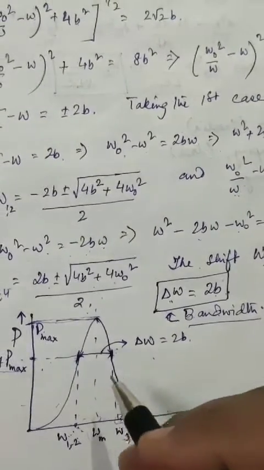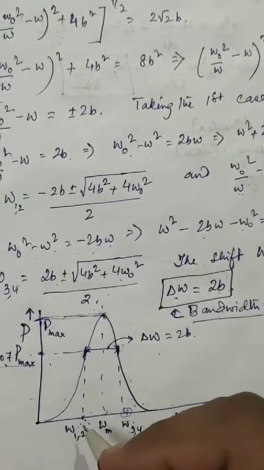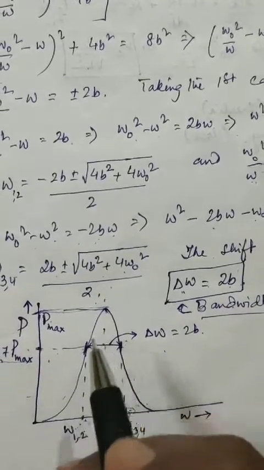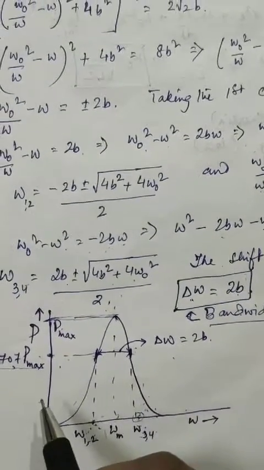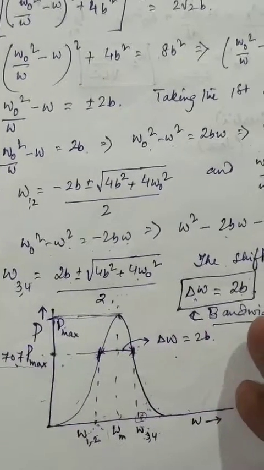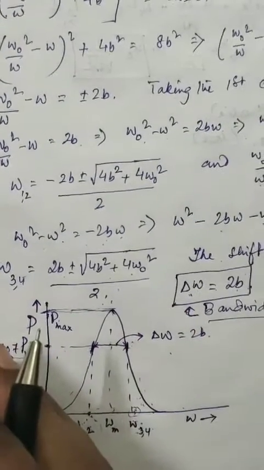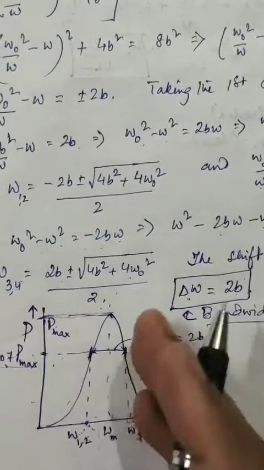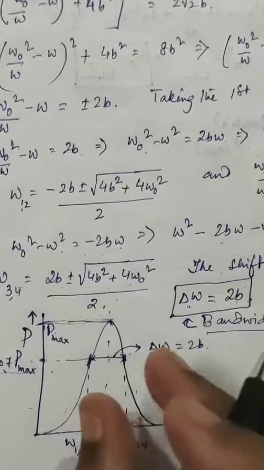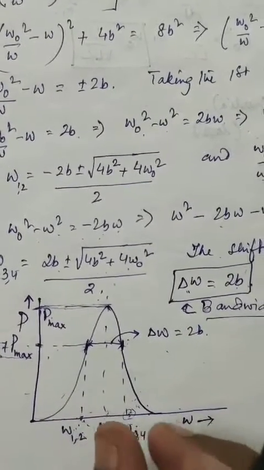Suppose you want to drive a system at a particular frequency. You do not want the power delivered to the system for frequencies lesser than that or greater than that. You want the power of the system to be right at that frequency.